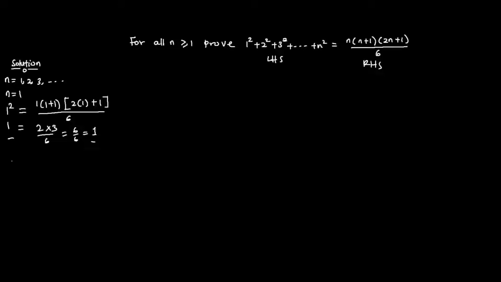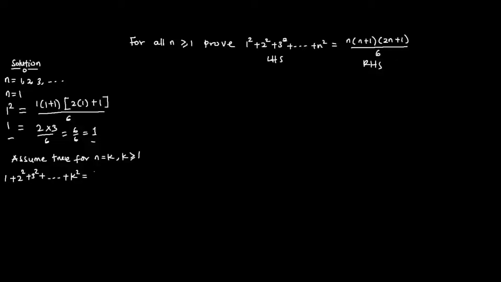Okay, so now since it is true for n equals 1, we are going to assume that it is true for a certain value n equals k, where k is also greater than or equal to 1. So therefore you have 1 plus 2 to the power 2 plus 3 to the power 2 plus all the way to k squared.